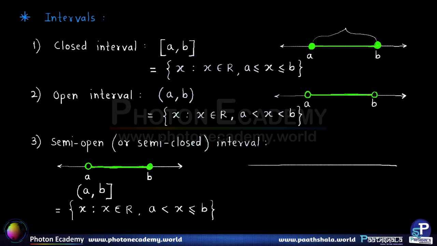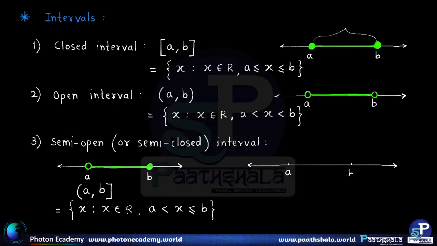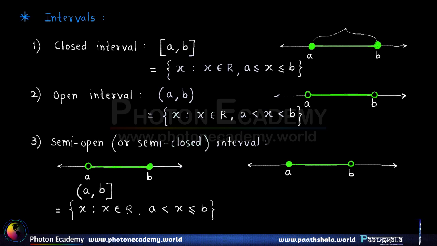Now let us see the other one. Here you have a and here you have b. In this possibility we want to include a but we want to exclude b. So it's closed on the left side whereas it's open on the right side. Here we denote it by square bracket a comma b and then closing round bracket.